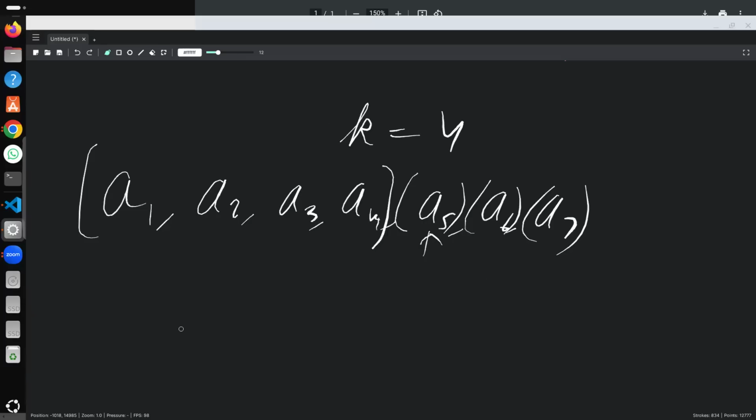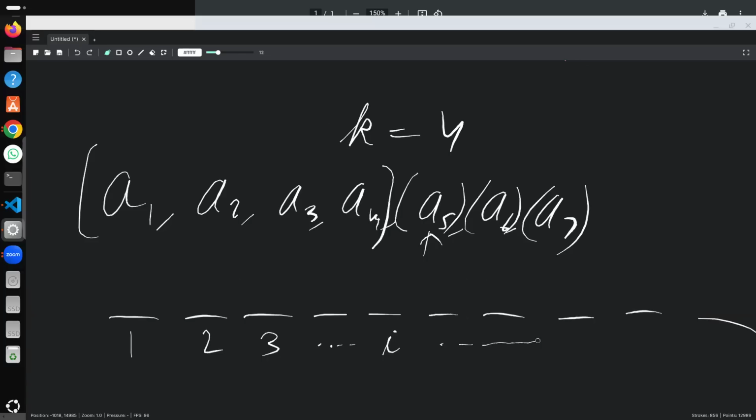Okay, so let's say we have n elements: one, two, three, and so on, where this is I minus one and this is I. All right. So let's say I want to take this element right here.